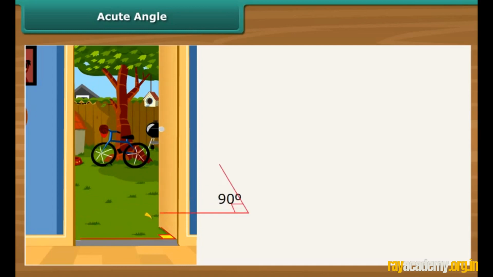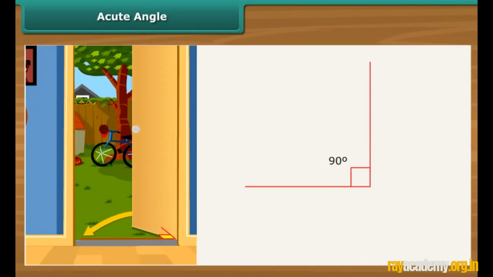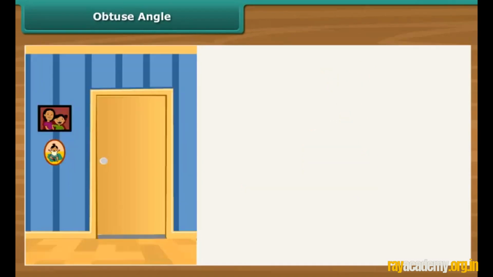Can you identify the angle that it makes with the ground? Yes, 90 degrees. Now shut the door slowly. Can you identify the angle that it now makes with the ground? You're right, less than 90 degrees. Angles that measure less than 90 degrees are called acute angles.